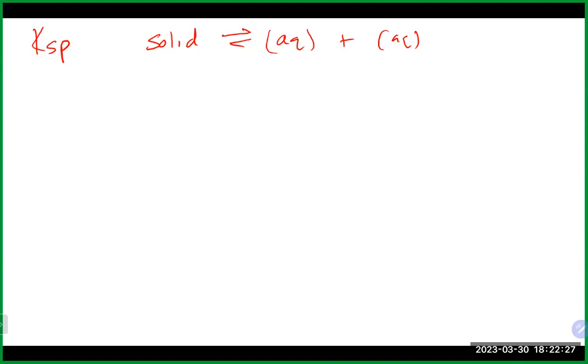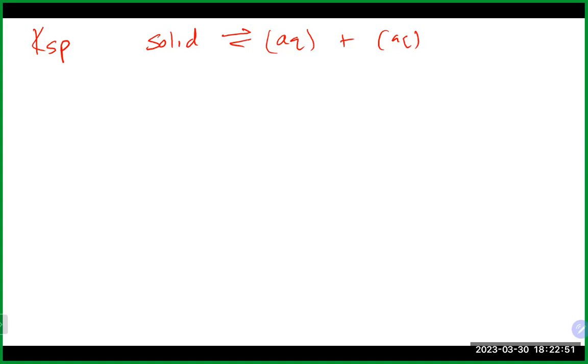It may be grams per liter, it may be molar solubility, maybe any other unit as well, but whatever unit they give you, you do want to convert it into the molar solubility, and then you can go into the molar solubility of each of the ions, and then into the KSP expression to solve for it.